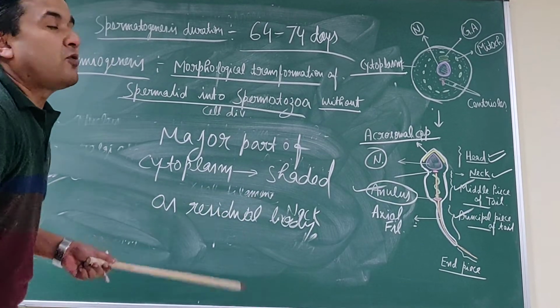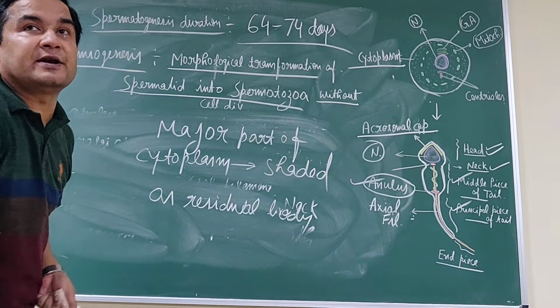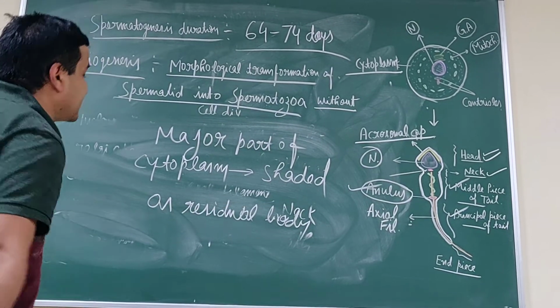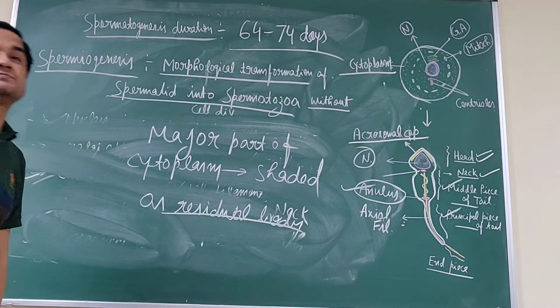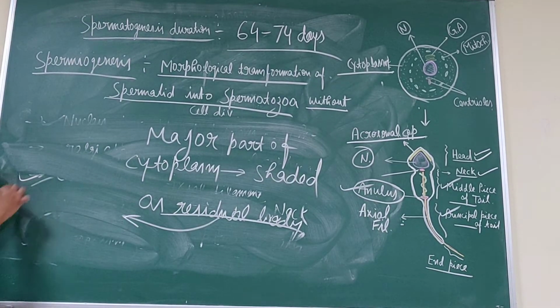Shed as the residual body means it is removed from the spermatids and separated as the residual body. And this residual body is phagocytosed.